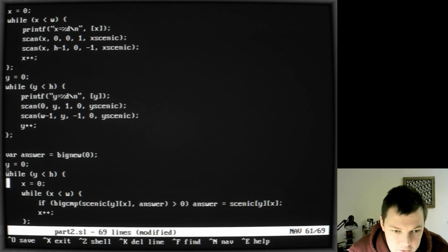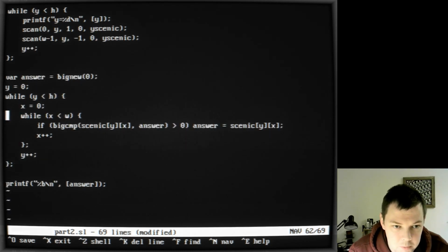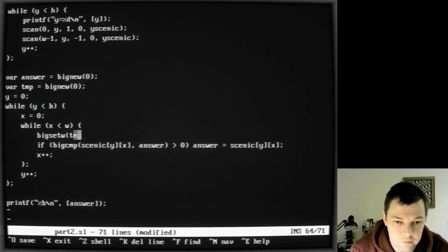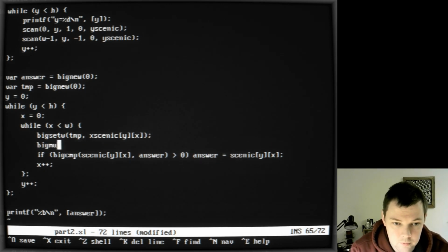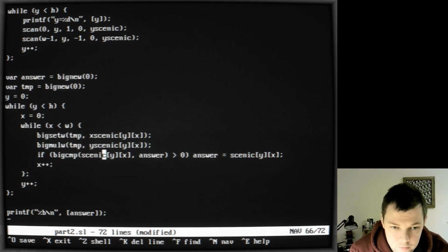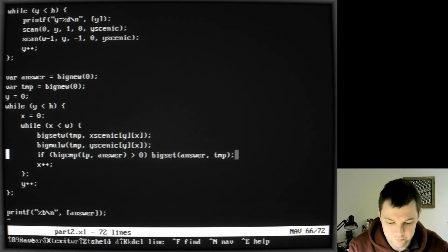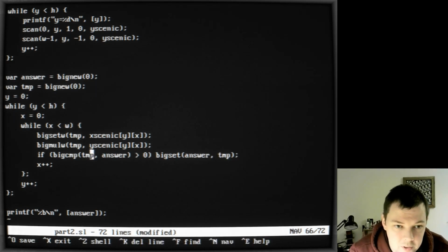And then only at the end will we multiply them together. Do you reckon that's going to work?